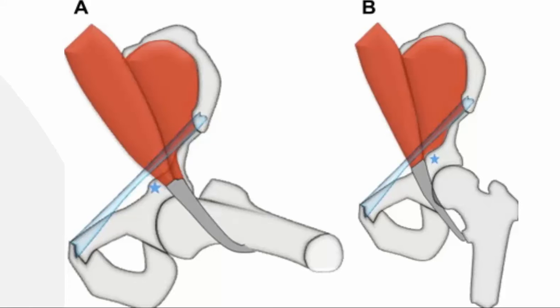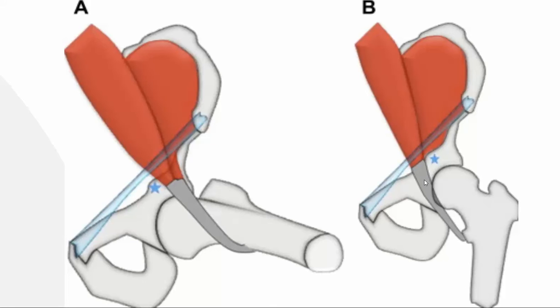The tendon undergoes normal medial translation as the hip goes from flexion to extension. So you can see it's flexed, and when it extends the tendon goes medially. So here it's lateral and here it's medial.